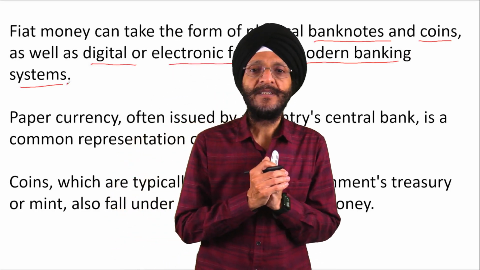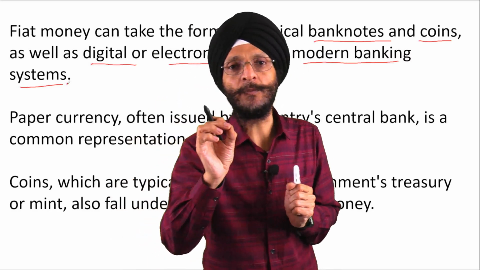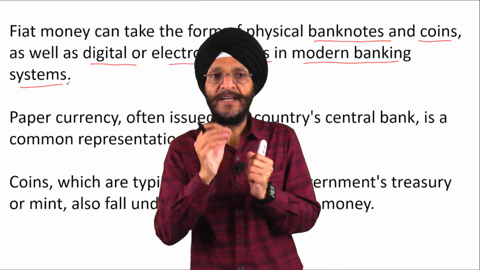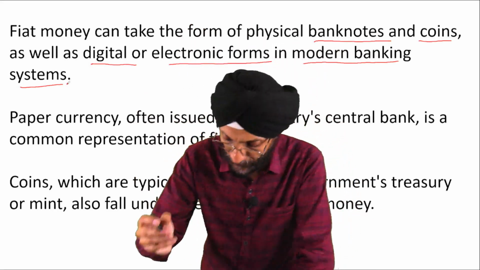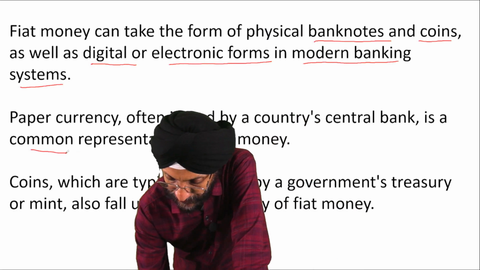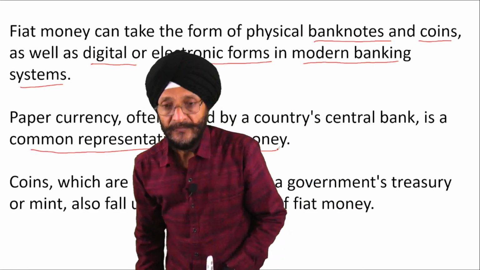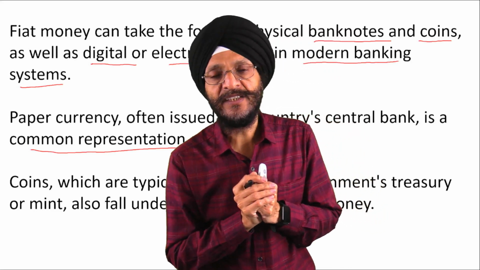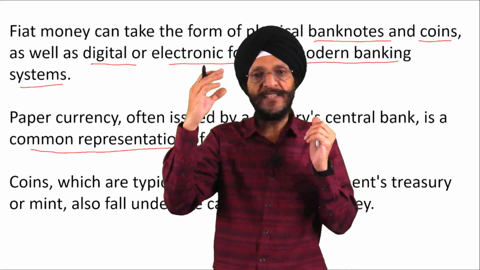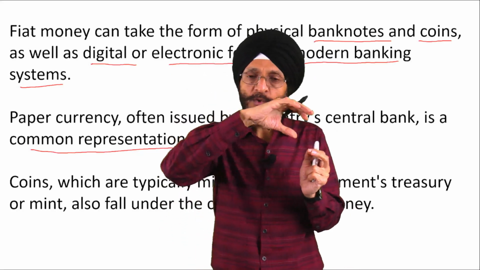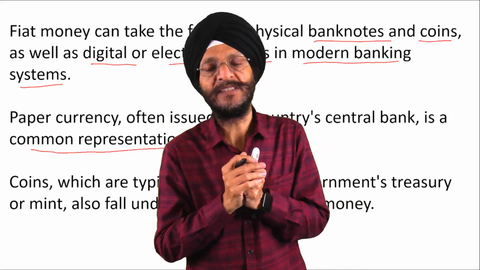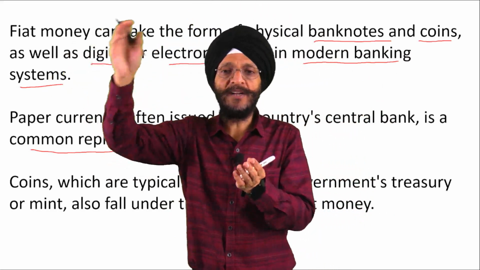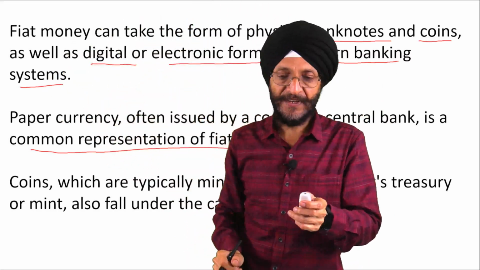Paper currency is normally issued by the central bank of the country, and it is the common representation of fiat money. Metallic coins, which are generally minted by a government treasury or mint, also fall under the category of fiat money.